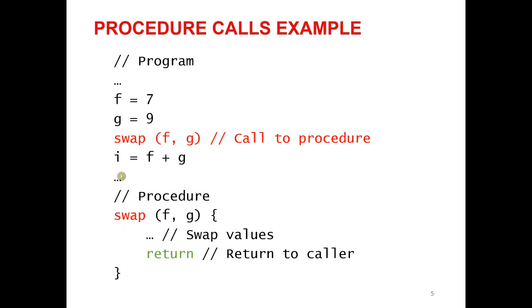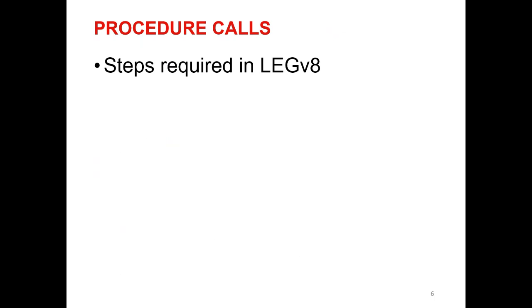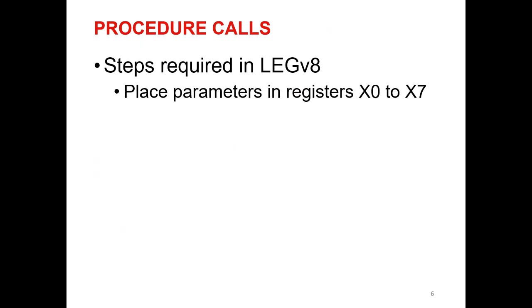So how does this translate into LEGv8? LEGv8 is an assembly programming language, not a high-level language, so we need to do extra steps in order to perform these calls that are managed implicitly in high-level programming languages like C. In LEGv8, before calling a procedure or a function, we need to place the input data in registers which are for that purpose.